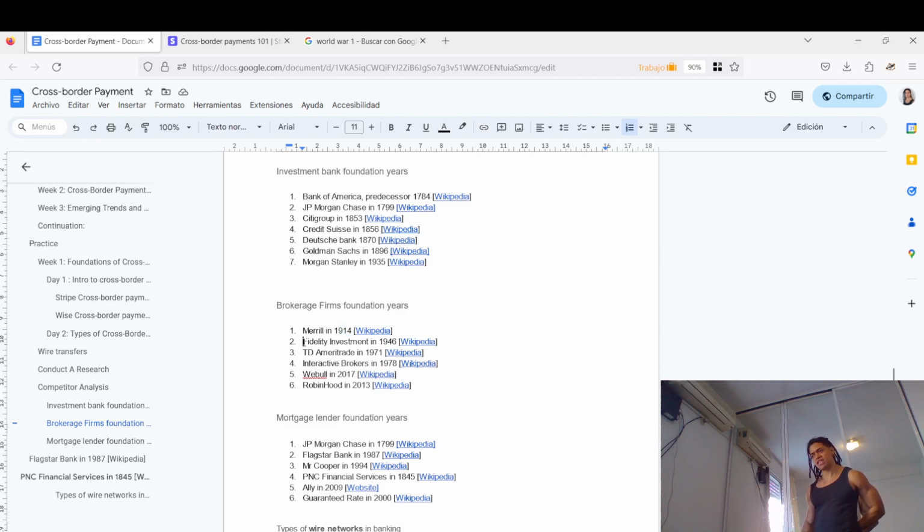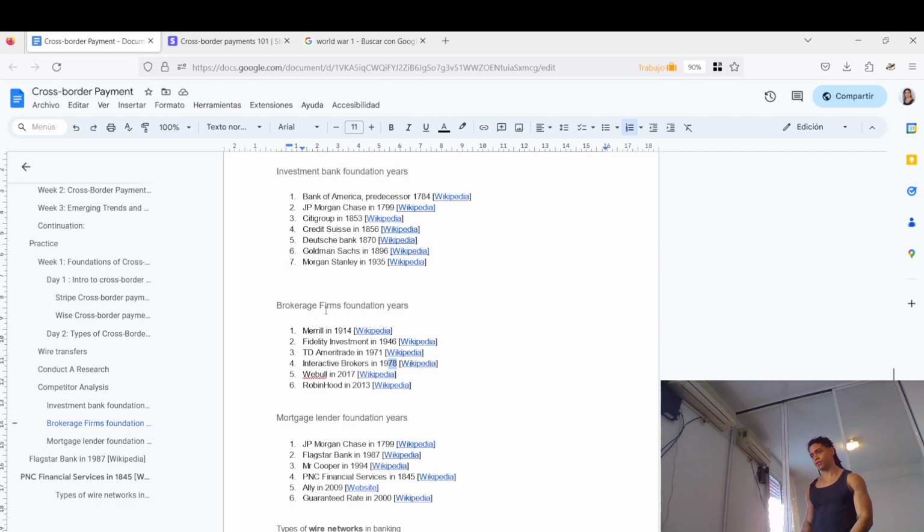Fidelity Investment in 1946. TD Ameritrade in 1871. Interactive Brokers in 1878. Something that I would like to create an account for, because I want to access these financial markets.